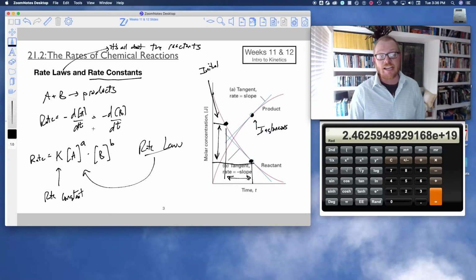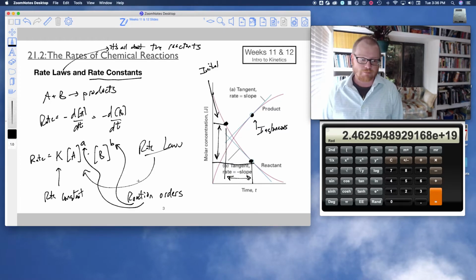So it's basically a proportionality constant for rate and concentration, okay? And then finally, those little superscripts that I put up there are what's called the reaction orders, okay? So that would be the reaction order of B, and that will be the reaction order of A.